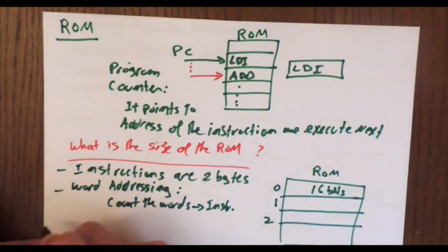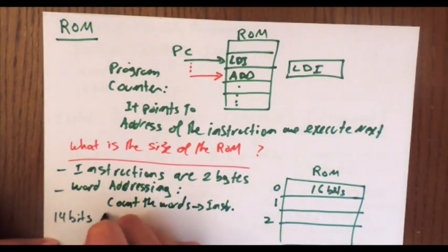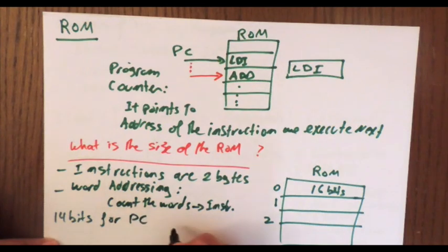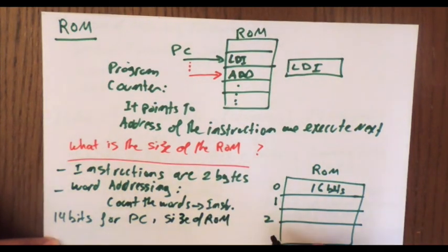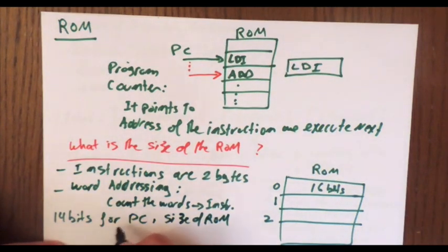So for example, if I have 14 bits for PC, and we know that the instruction is 2 bytes, what is the size of the ROM in bytes? So first, the PC gives 2 power 14 locations. So 2 power 14 times 2 bytes.